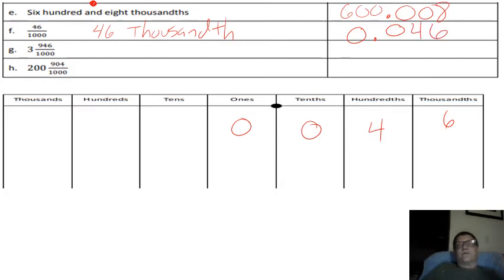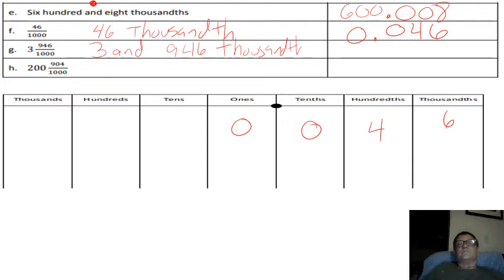Now this next one, look at this, we have a 3 in front of the fraction. Well, that's a mixed number. Now 3 is a whole number, so we know that is 3 and 946 thousandths.